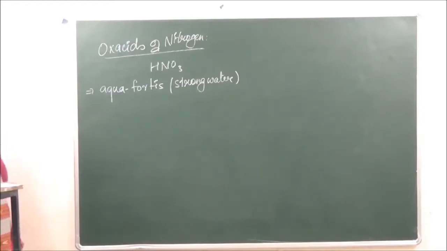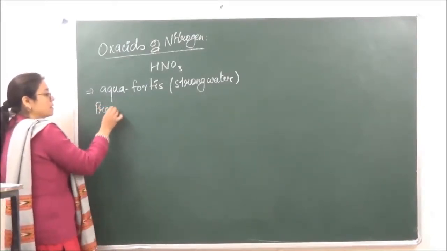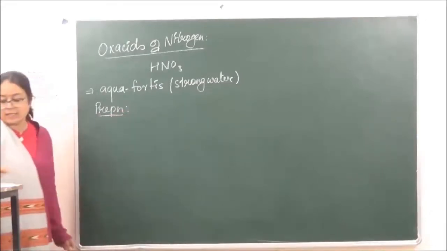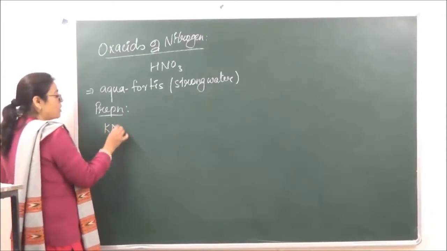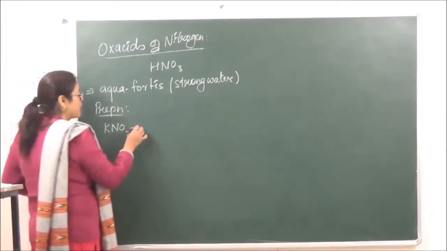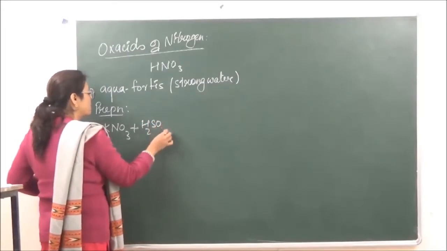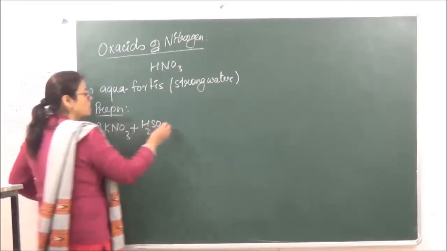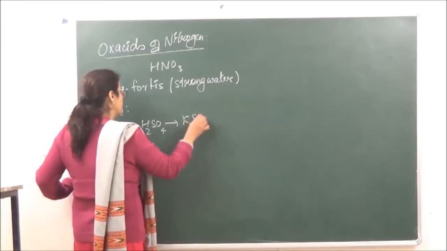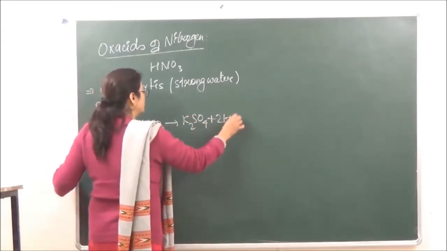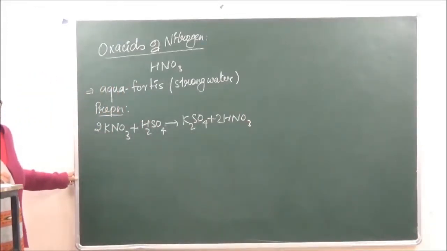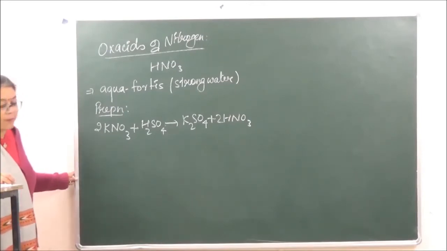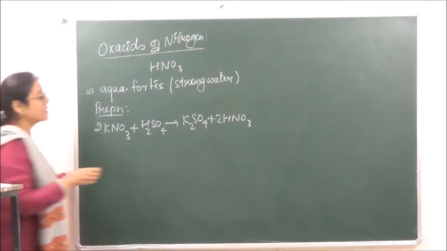Now when we are talking of preparation of nitric acid, it can be prepared by reacting potassium nitrite with H2SO4. This is going to give us HNO3, which is nitric acid. This nitric acid, which is prepared over here, is in vapor form and is condensed in a glass receiver.